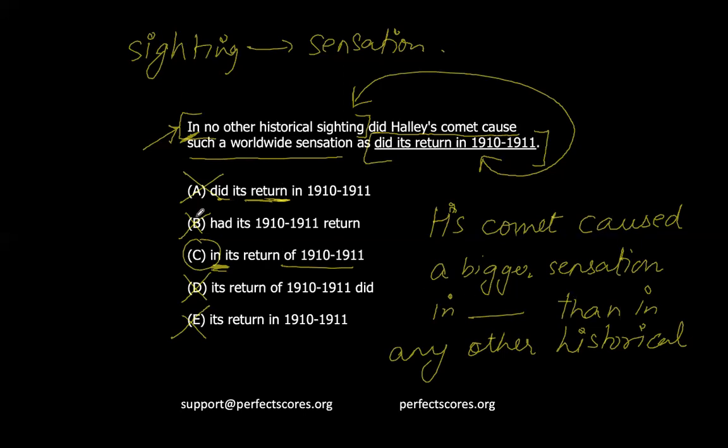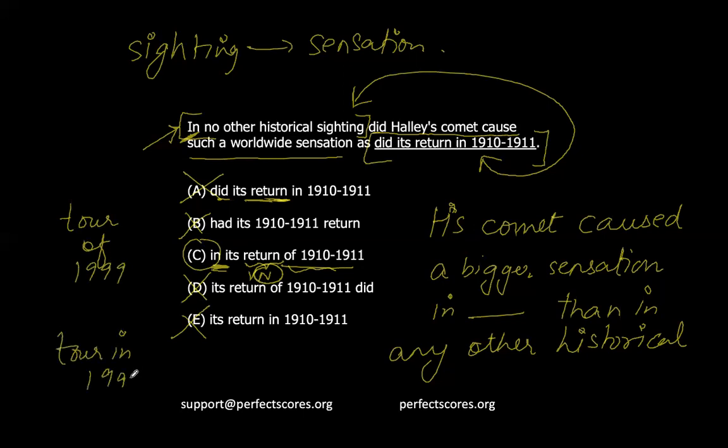Okay, so why C is sounding a little weird is maybe because you're looking at this return like a verb, but it's actually being used as a noun here. For example, tour of 1999 versus tour in 1999.